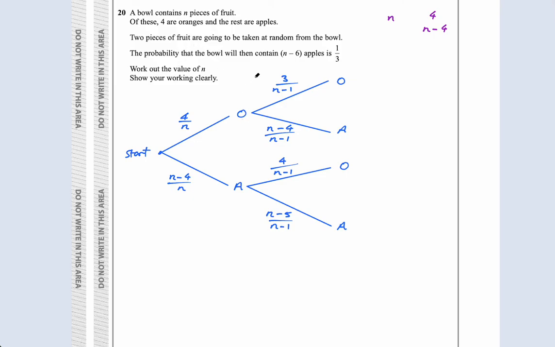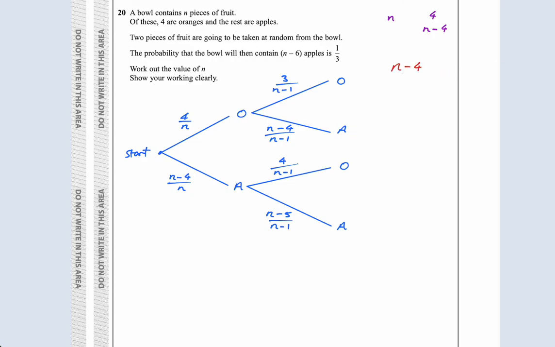Now, the next part of the question says the probability that the bowl will then contain n minus 6 apples is 1/3. So these are the 4 scenarios: orange orange, orange apple, apple orange, apple apple. How could this bowl now contain n minus 6 apples? Well, think about it. We had n minus 4 apples.